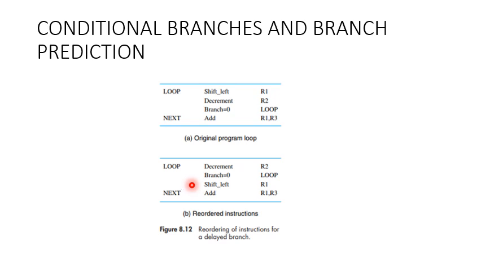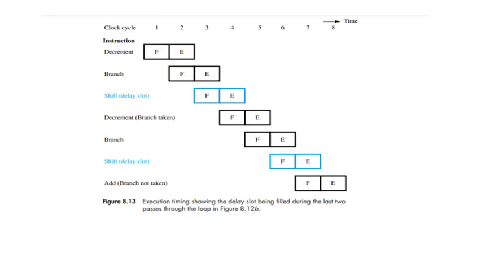In either case, it completes execution of the shift instruction. The sequence of events during the last two passes in the loop is illustrated in this figure. That is, pipeline operation is not interrupted at any time and there are no idle cycles.